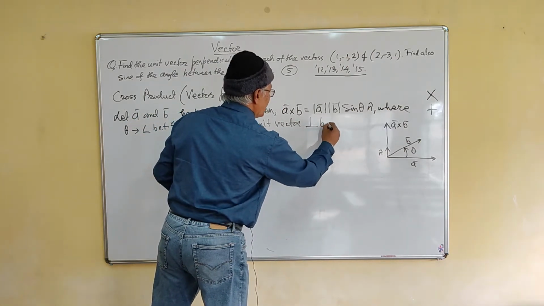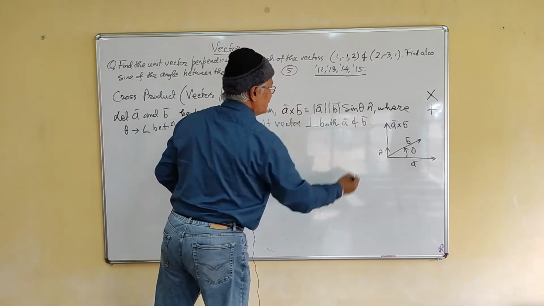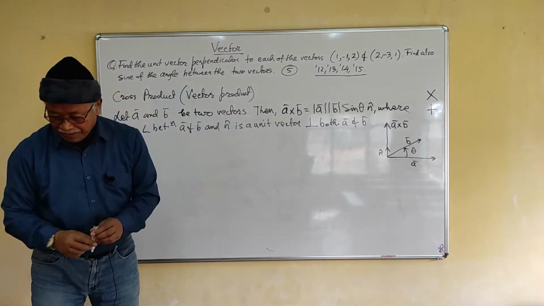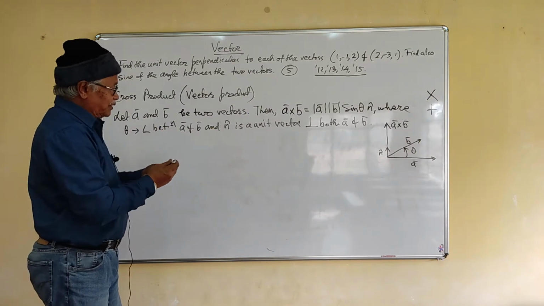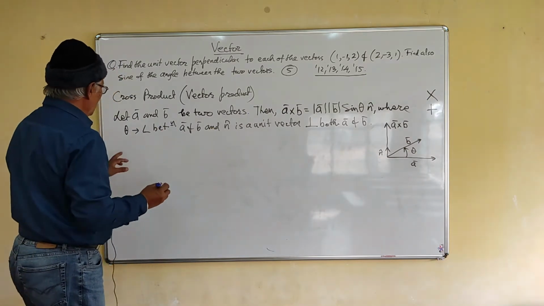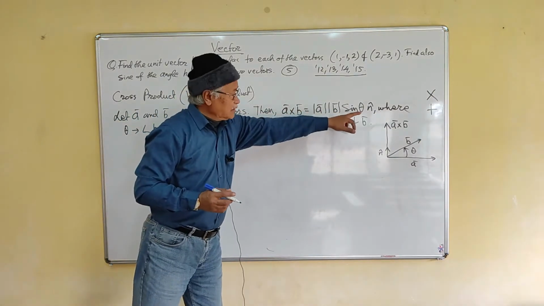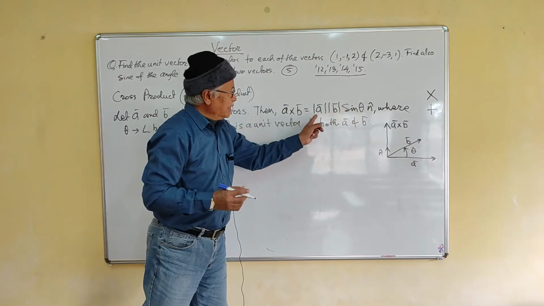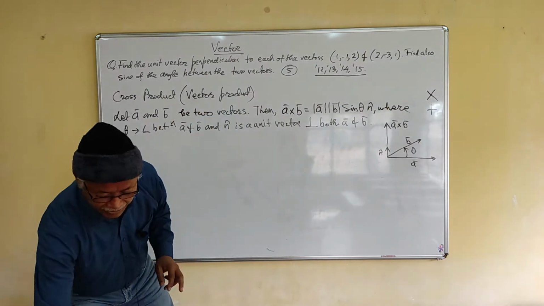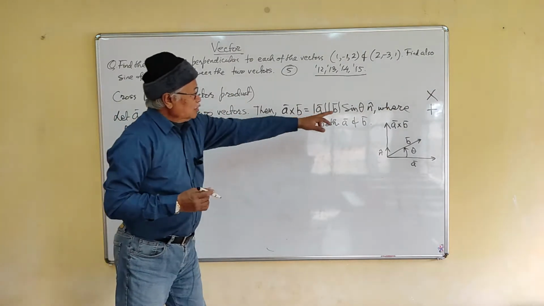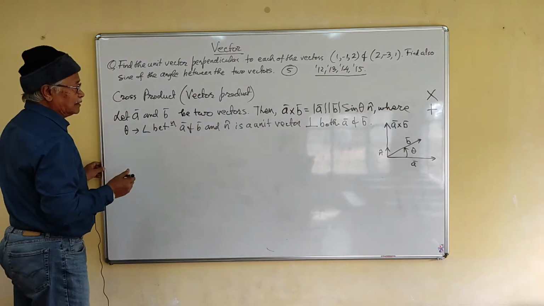Theta is the angle between A and B, and n cap is a unit vector perpendicular to both A and B. I'm going to use a blue one. Let's see if it will work out or not. A and B. So what happens? Theta is the angle between A and B, and n cap is a unit vector perpendicular to both A and B. That's right. Okay, that's done.